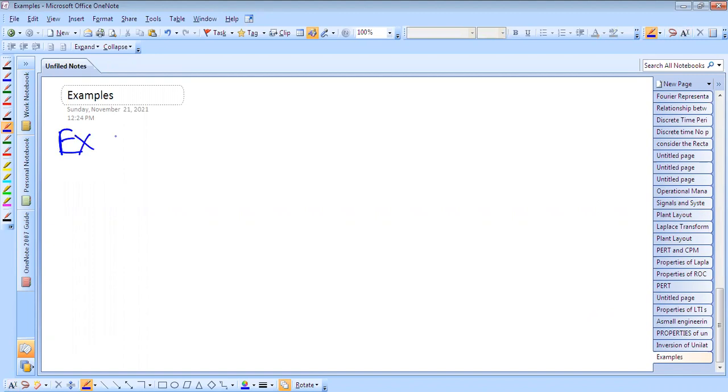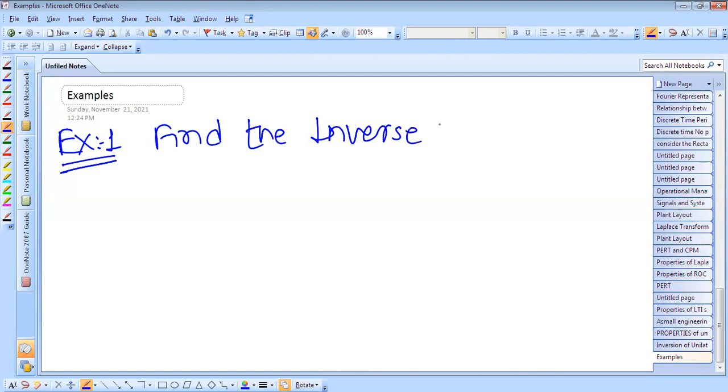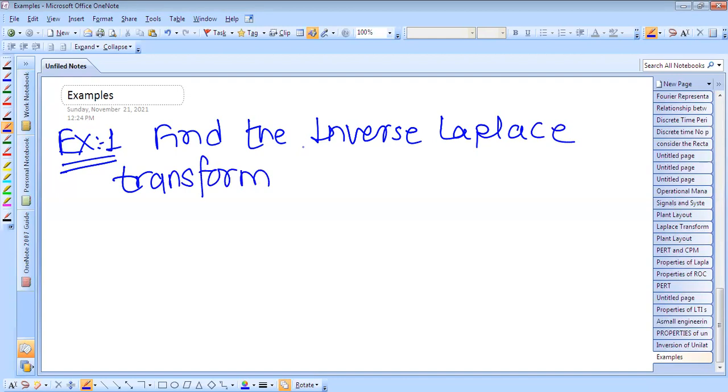Example first, find the inverse Laplace transform of the following function.